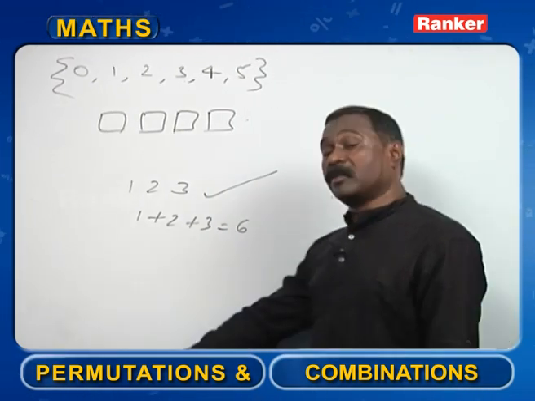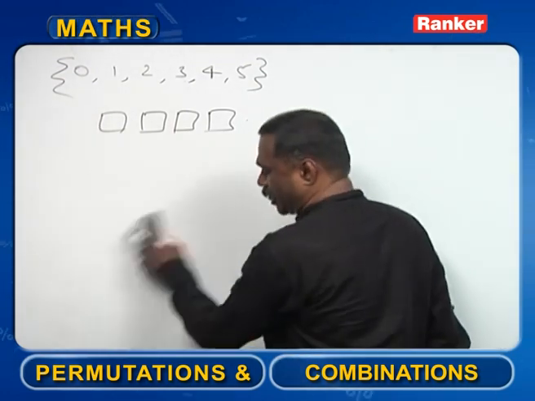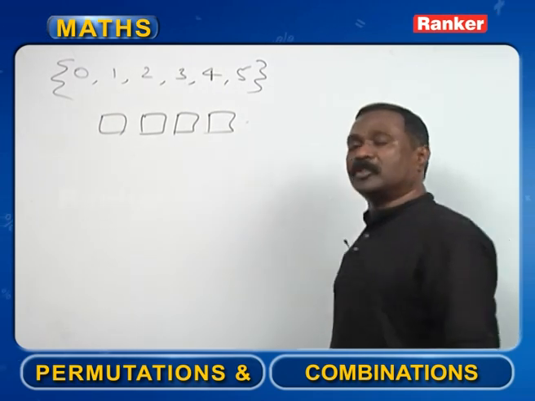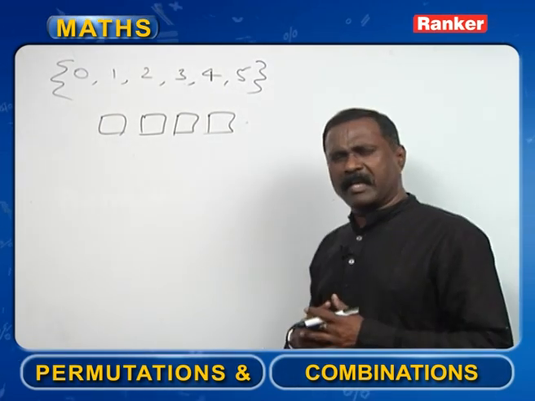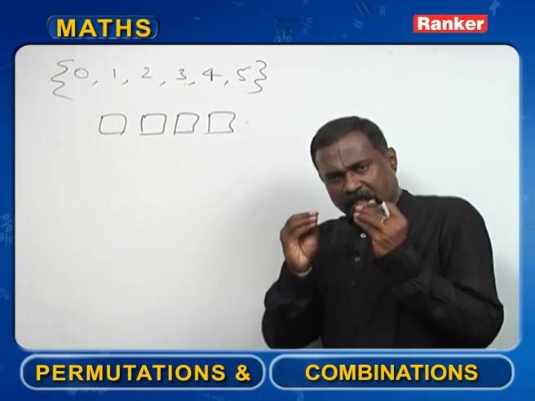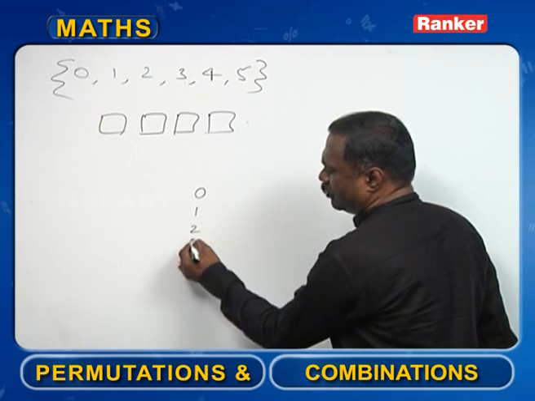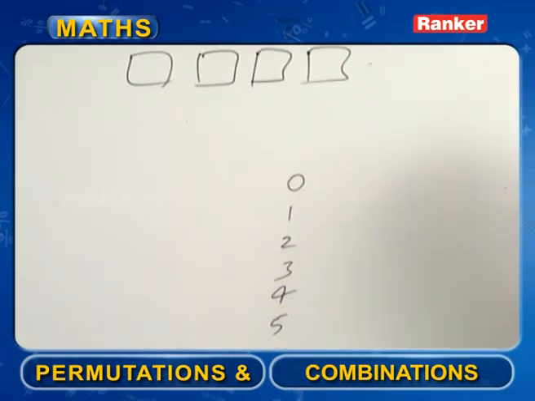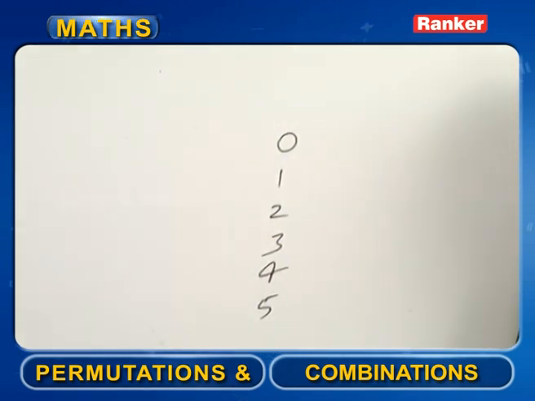This is to be followed only when repetition is not allowed. When repetition is allowed, what should be the method to be followed? Follow this carefully; it is a little tricky. 0, 1, 2, 3, 4, 5. I have taken 6 digits here, 0 to 5.